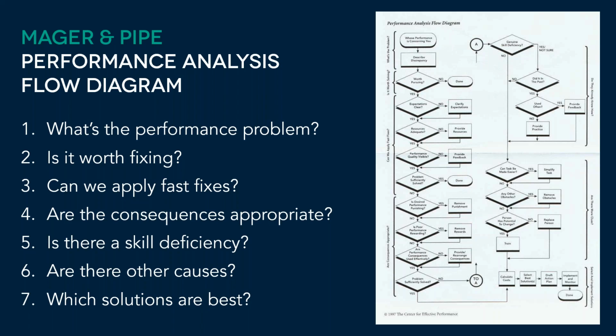The first is, what's the performance problem, and is it worth pursuing? We often get caught in the it's-a-hot-topic-right-now sort of situation as e-learning developers. We want something right now, but by the time we can even produce it, that hot topic has gone by, and it's not something that anyone wants to deal with anymore, or something else is the hot topic now. So it's a question worth asking whether or not right now is the time.